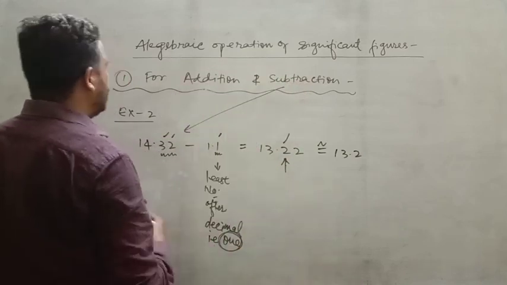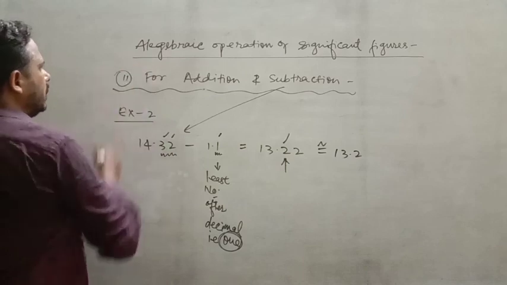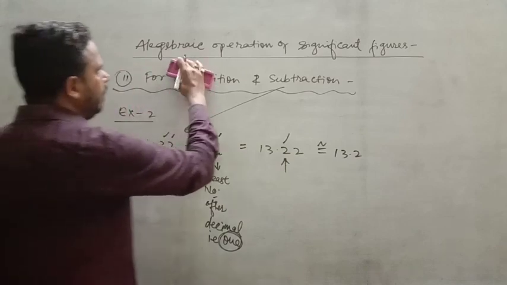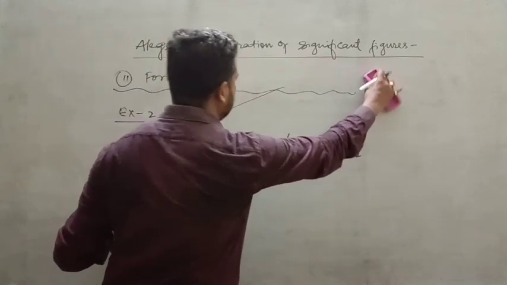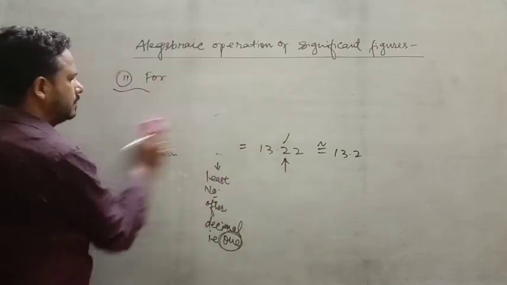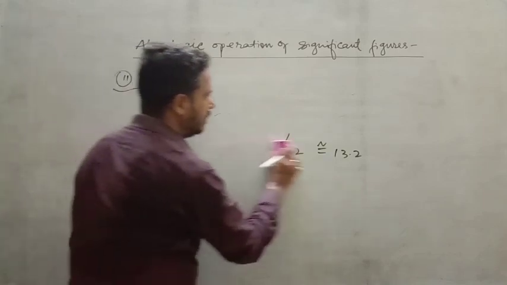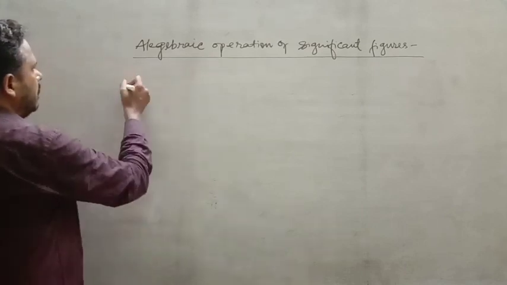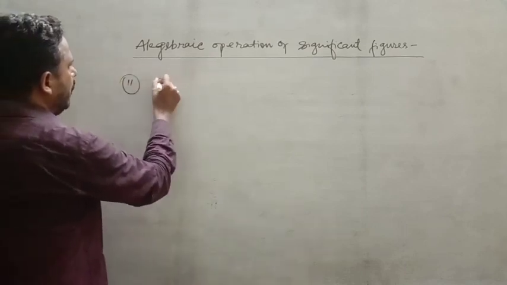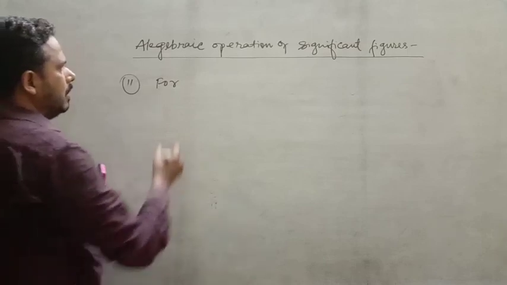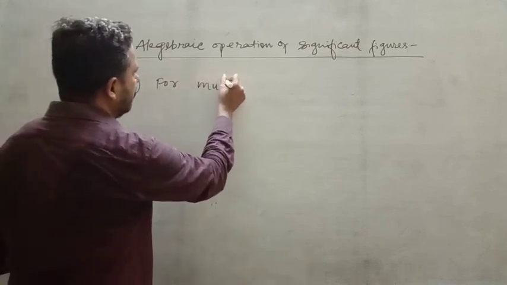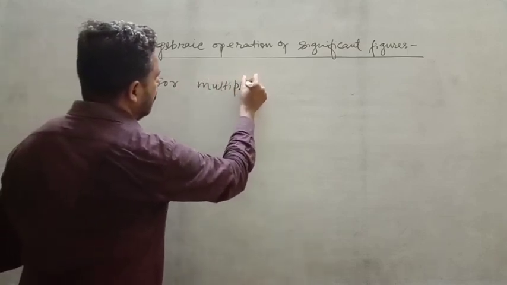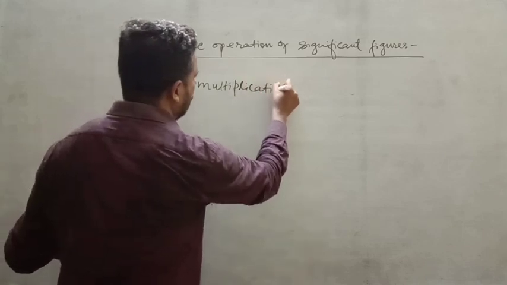Now we will take the second one. So your second one is for multiplication and division.